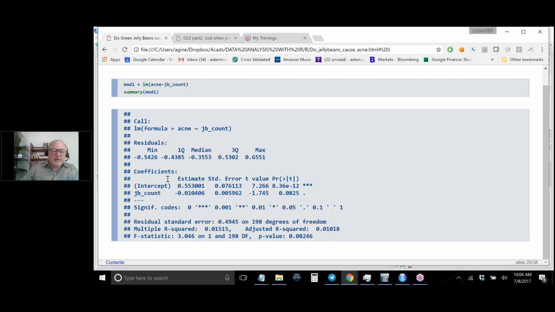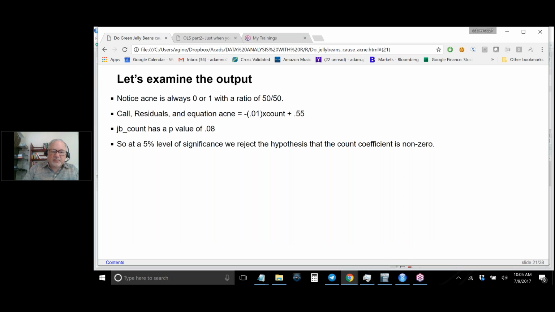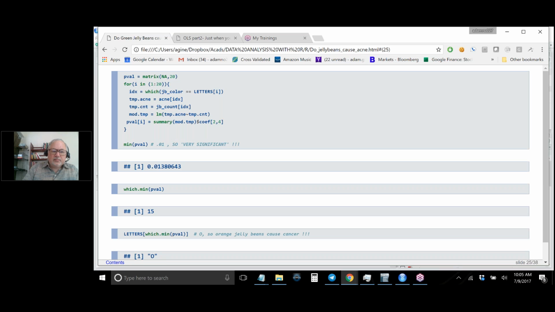If you look at the coefficients, you have 2 rows, and the 4 columns are estimate, standard error, t-value, and probability greater than t. That's the p-value. So the second row, 4th column, is where the p-value for the count term is stored. So that's where that comes from. So this is going to give me the p-value for the ith jelly bean.